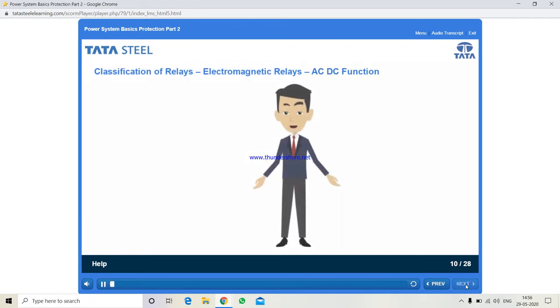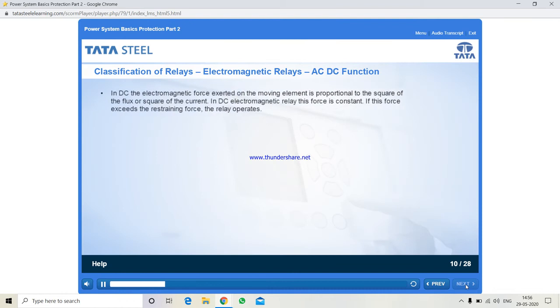We have learned that the simplified types of electromagnetic relay respond to AC and DC as well. Let us see how. In DC, the electromagnetic force exerted on the moving element is proportional to the square of the flux or square of the current. In a DC electromagnetic relay, this force is constant.